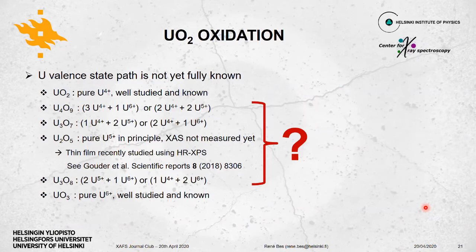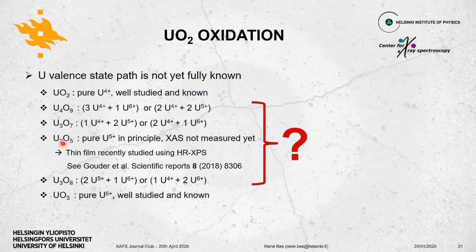Actually, the valence states of uranium are not very well determined for the intermediate compounds. For UO2, it's very well known because it's the basic material for nuclear fuel, and it has been well studied for, let's say, half a century at least. But then it's getting more complicated, and at the end, the final product is well studied because it's the most stable compound of uranium oxide.